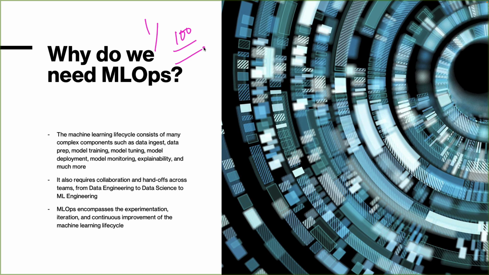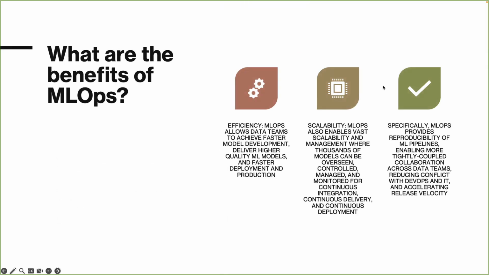And this MLOps comprises the experimentation, iteration, and continuous improvement of the machine learning lifecycle. So that is the key benefit of using MLOps, which is also known as machine learning operations.